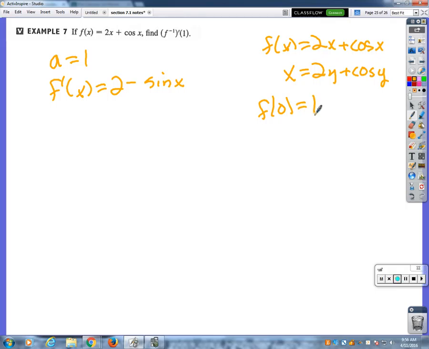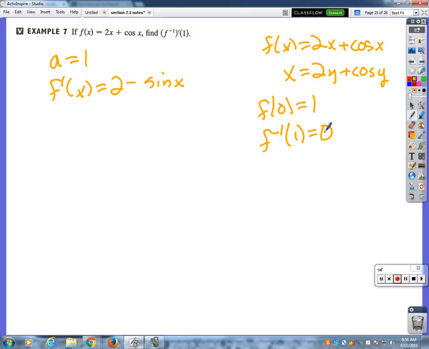Because if I plug 0 in there for x, 2 times 0 is 0, and the cosine of 0 is 1. So they're always going to give you these that you can figure out with a guess and check relatively easily. So that means that f inverse of 1 is 0, and that's what we need to know mostly for our formula, right?